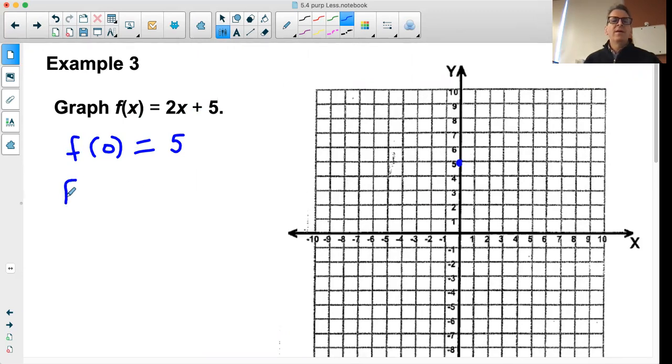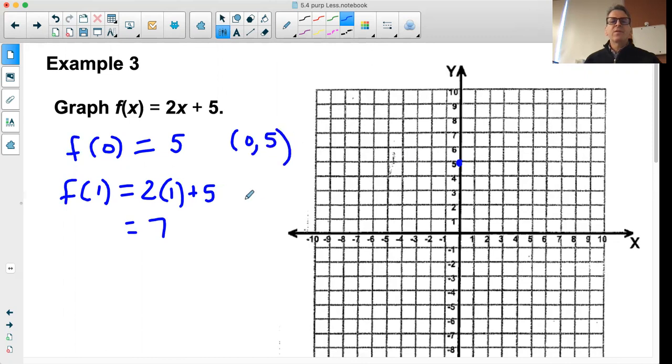F at 1 is equal to 2 times 1, which is 2, plus 5 is 7. So the first one was 0, 5. The second one is at 1, 7. Remember, the x is the first coordinate, left to right, 1, 7 all the way up.